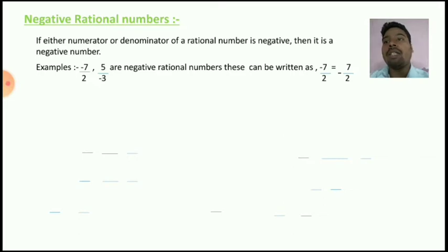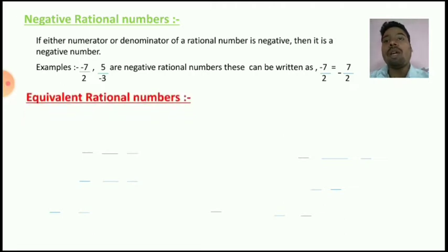Here the denominator or the numerator is negative, so it is a negative rational number. These negative rational numbers we also write in the form of, for example, minus 7 by 2, written like this: minus 7 divided by 2.